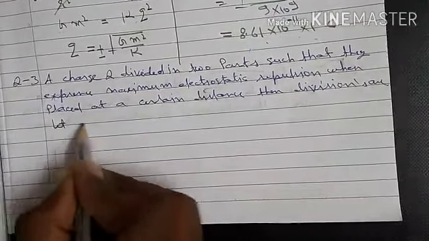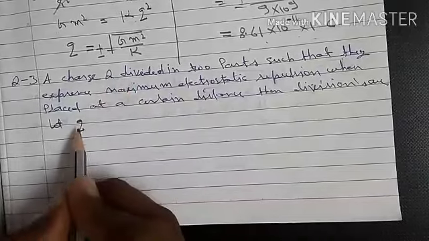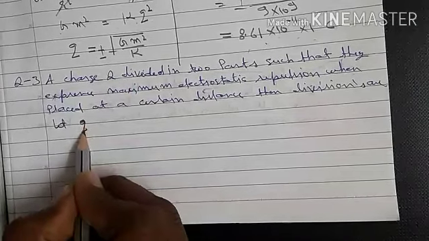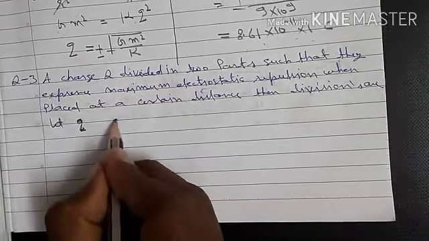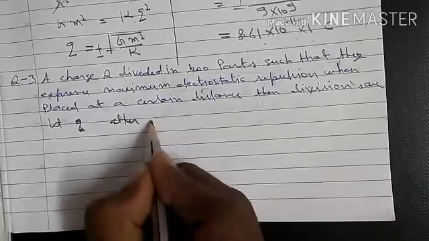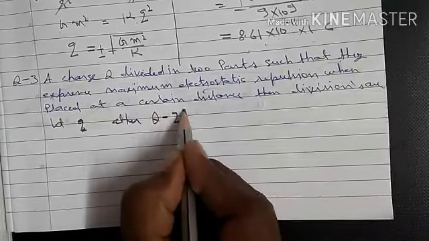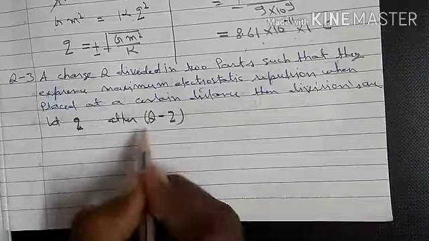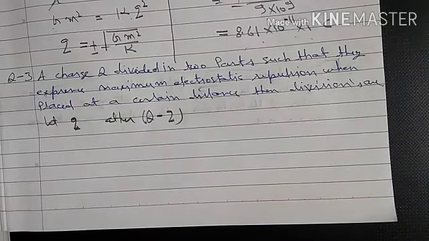So let the charge Q be divided into two parts. One is a small q, so the other will be Q minus q. So the divisions are q and Q minus q.